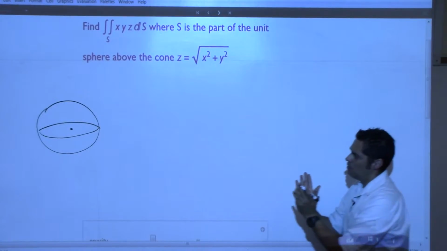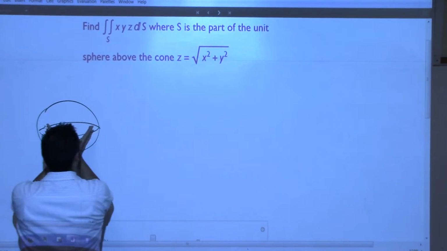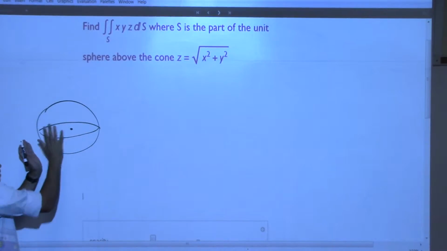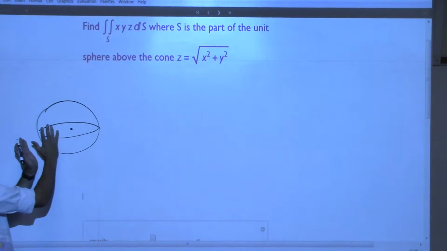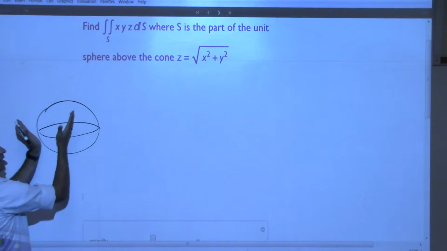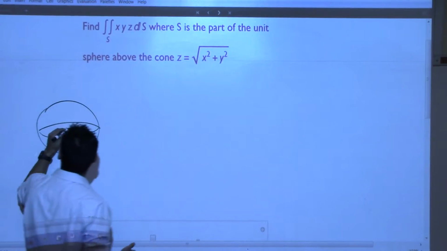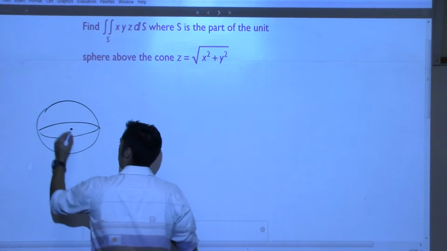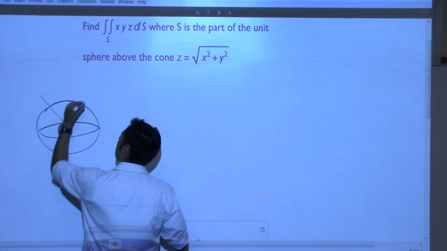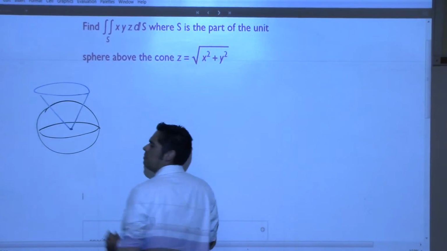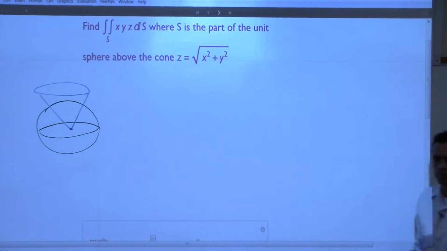So when y is 0, you're looking at the xz plane. You should have a v, and then if you let x be 0, you should get the same thing, right? So it's going to look like there's your cone, right? Understand?